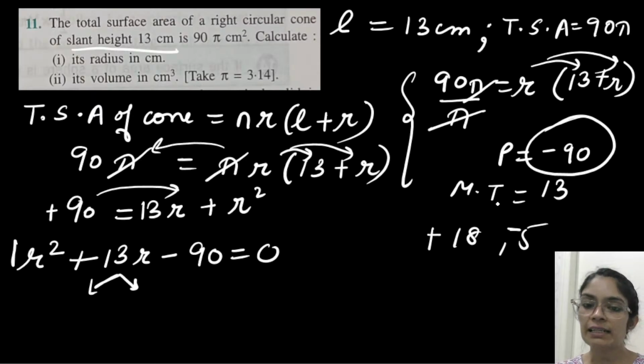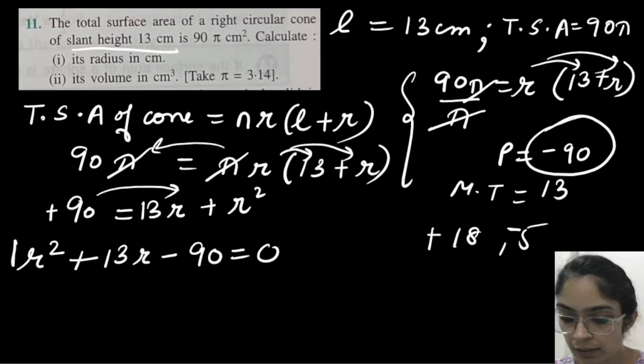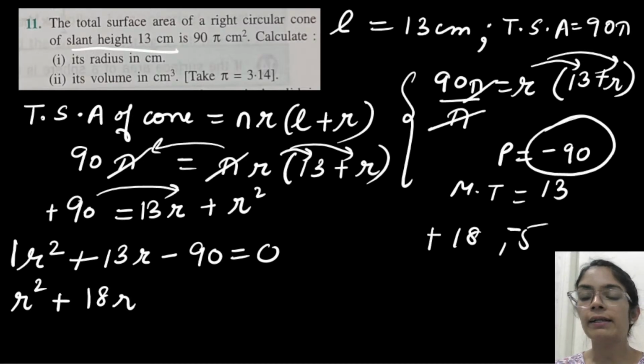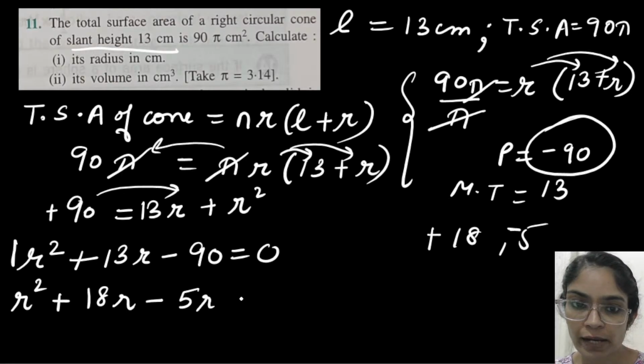So positive 18 and negative 5 will give the required result. Here I am writing r square plus 18r minus 5r minus 90 equals 0. I am not explaining the quadratic equation method because we have already done it.